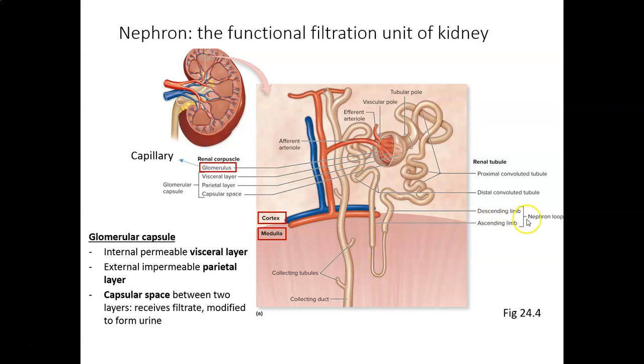This is called the nephron loop, because it has a descending limb going down into the medulla, followed by an ascending limb coming out of the medulla and back into the cortex.